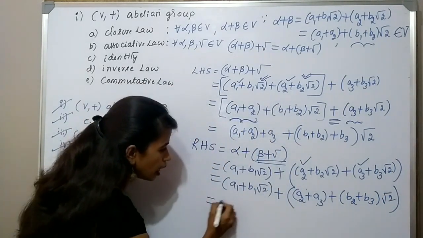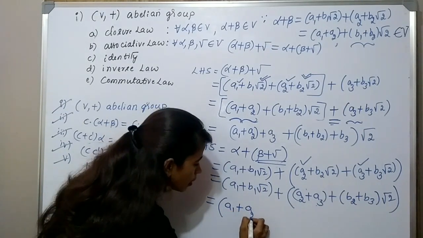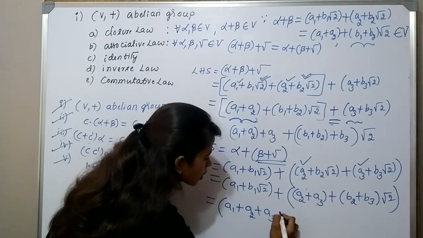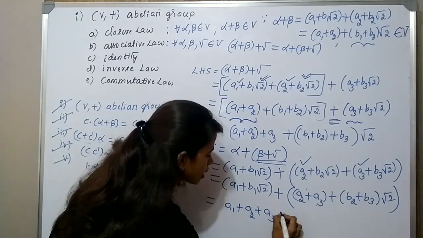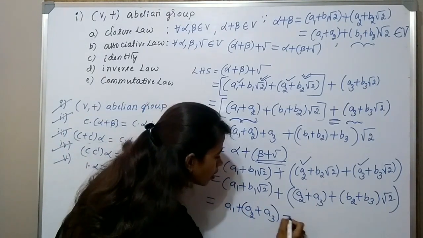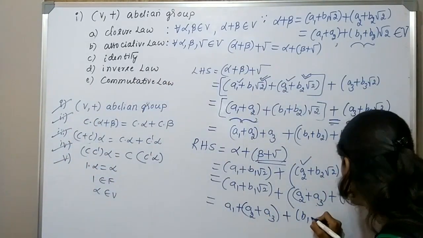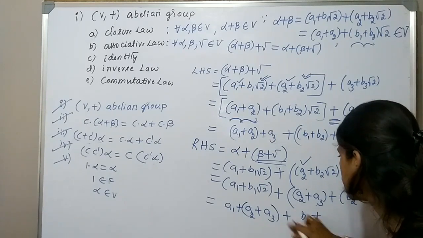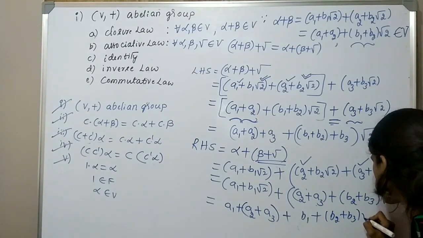Now add this to A1, so A1 plus A2 plus A3, and then B1 plus B2 plus B3 root 2.